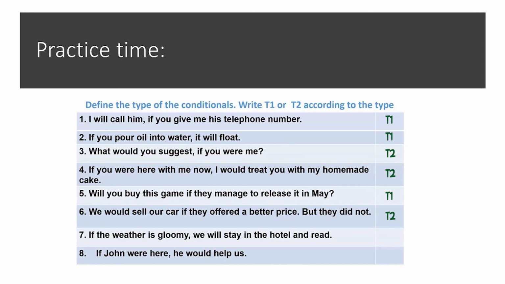Number 7, if the weather is gloomy, we will stay in the hotel and read. It's a real situation and it may happen. And number 8, if George were here, he would help us. Well, unfortunately, George isn't here and he can't help us. It is type 2, T2.